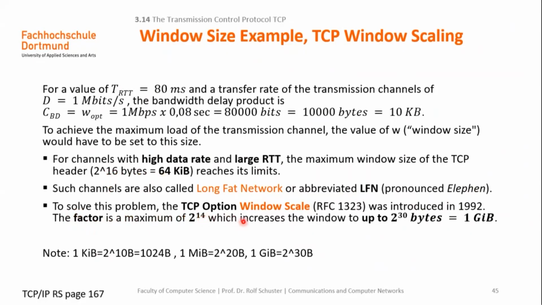That is a window of 30 bits. Then 2 to the 30 bytes. That is 1 gigabyte. Remember, this notation in fact means 2 to the 30 bytes.